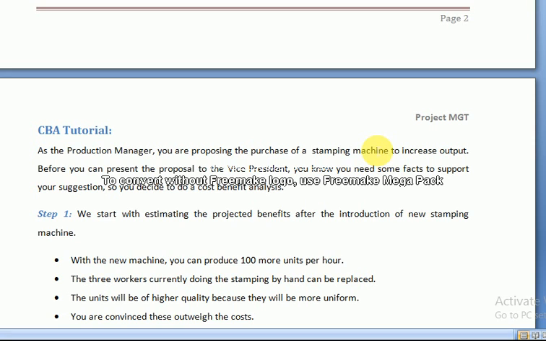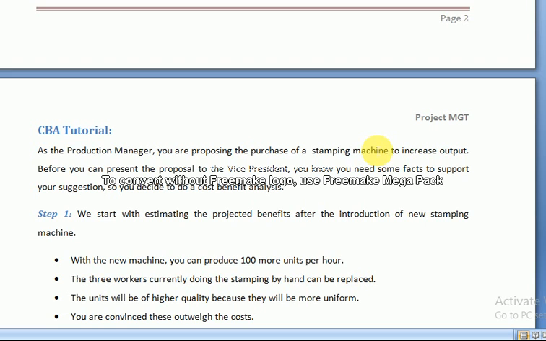Either the cost remains, so it will lead to more benefits, or the benefits remain and that leads to a higher cost of that project.